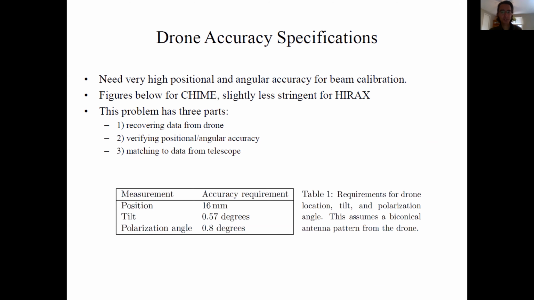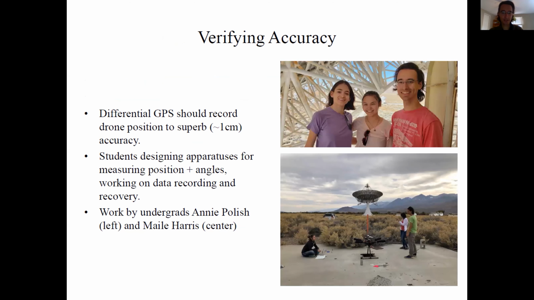So verifying the accuracy is actually work being done by a couple of undergrads in our group, Annie Polish and Miley Harris. And we believe that with a differential GPS system, we've tied down the relative precision of the drone's location to better than a centimeter. So to within the spec that we need.